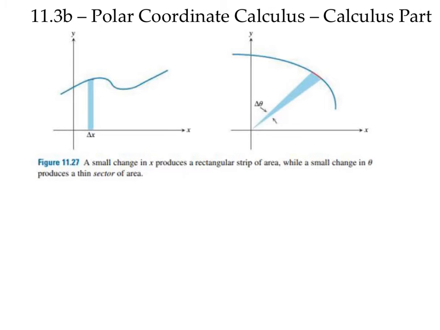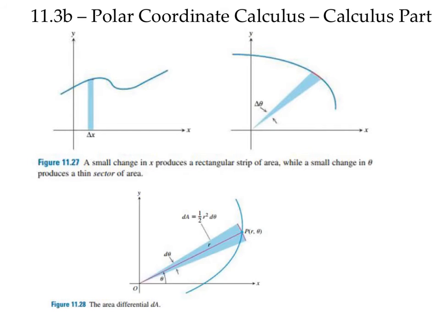Now a small change in x produces a little rectangular strip of area, while a small change in theta produces a thin sector of area. Think about that and see if that makes sense. You should recall from an earlier course that the area of a sector is given by 1/2 r squared theta.